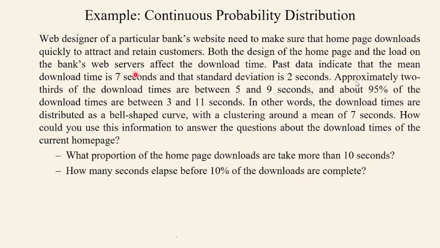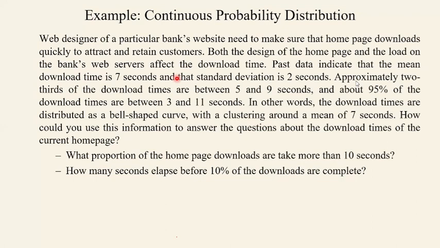From past experience, it was found that the mean download time is 7 seconds and the standard deviation is 2 seconds. That means most of the times range between 5 and 9 seconds, because the mean is 7 and the standard deviation is 2. According to the concept of standard deviation, most of the download times are between 7 minus 2, 5 seconds, and 7 plus 2, 9 seconds.